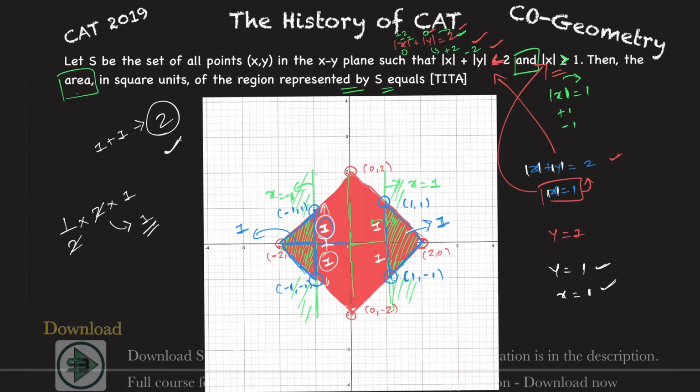All that is required here is a good visualization of where the region will lie, what is the region which is common to both of them, and then you see that the region here is a triangle. So you find out the area of the triangle to reach your final answer to this question.